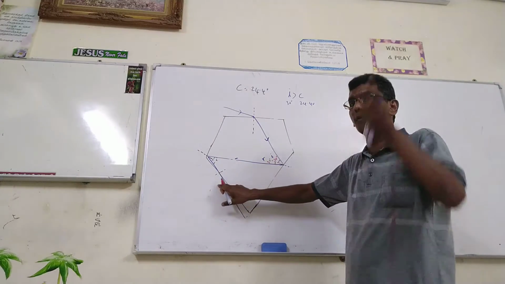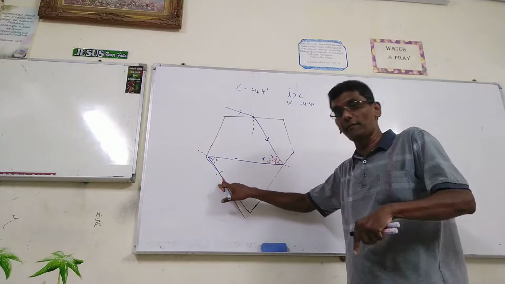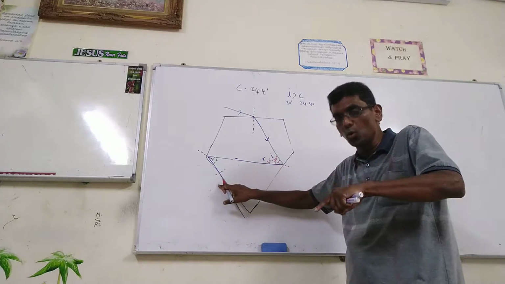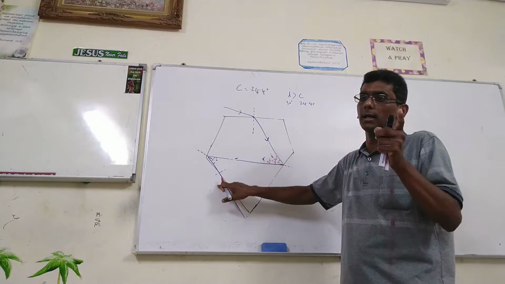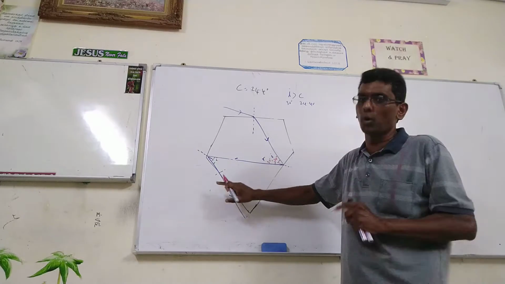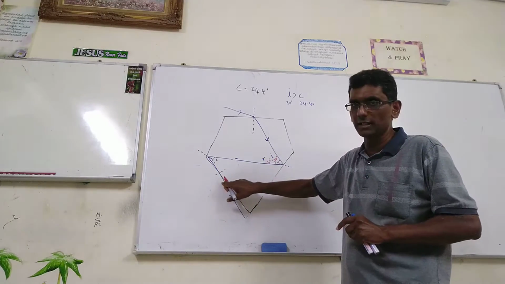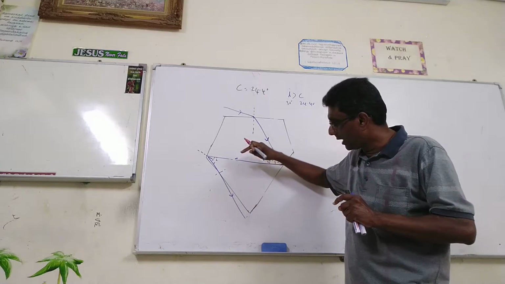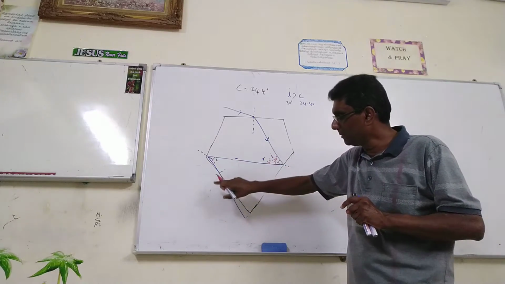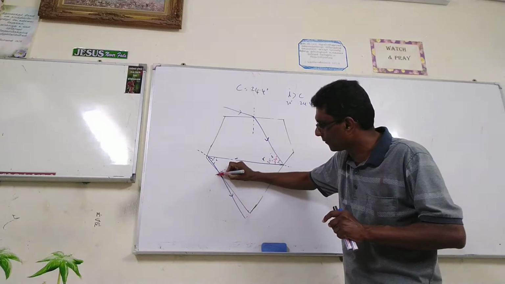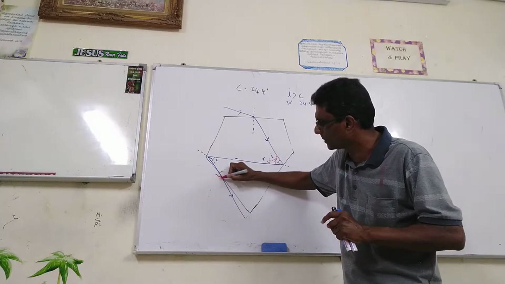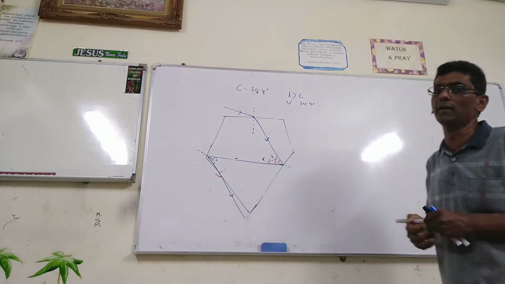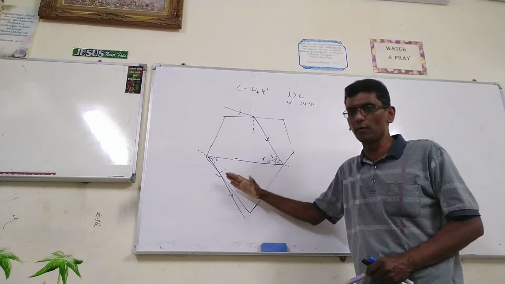But now the angle of refraction must be away from normal, because the light ray is traveling from diamond to the air. So the angle of refraction must be away from normal.